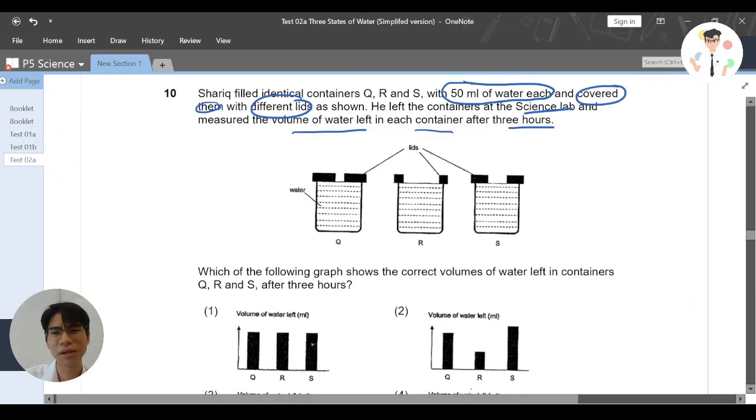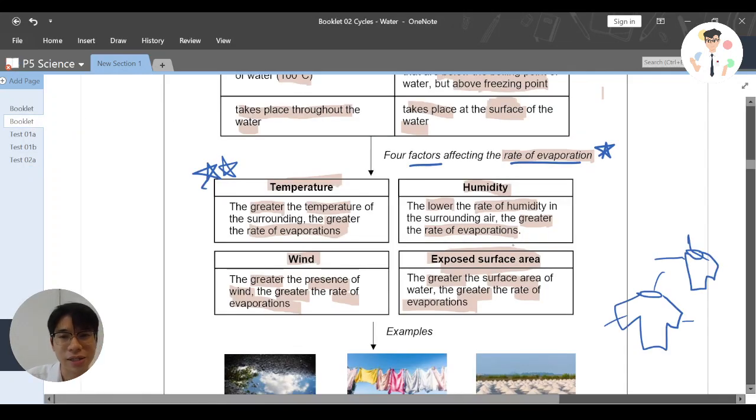So from here, what do you think it should be? If you observe clearly, evaporation takes place at the surface of the water. But some are a bit covered, some are open, and one is in between, Q and R. So that gives you an idea. This is the exposed surface area, the factor affecting the rate of evaporation. The greater the surface area of the water, the greater the rate of evaporation.